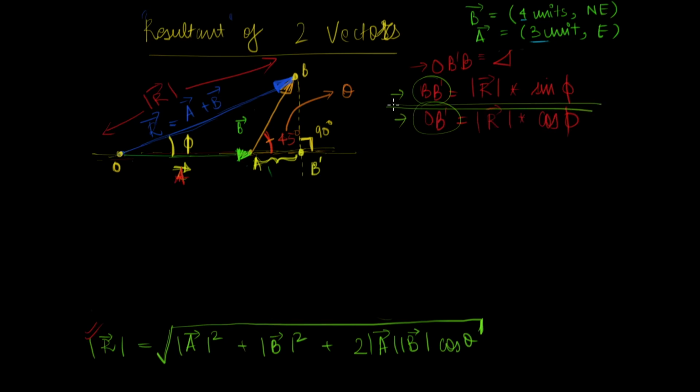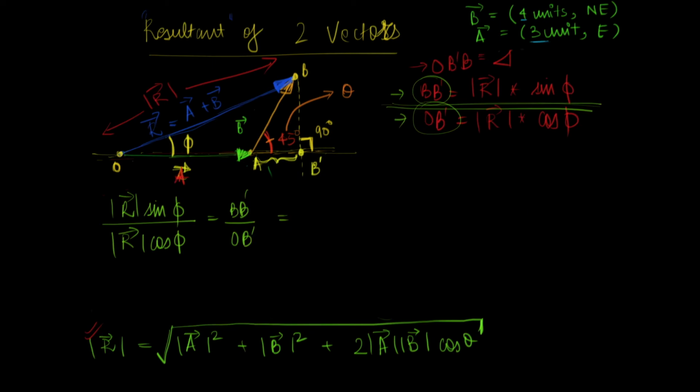When you choose to divide two equations, you divide the left-hand side with the left-hand side and the right-hand side with the right-hand side. So we get r sine phi divided by r cosine phi should be equal to BB' by OB'.